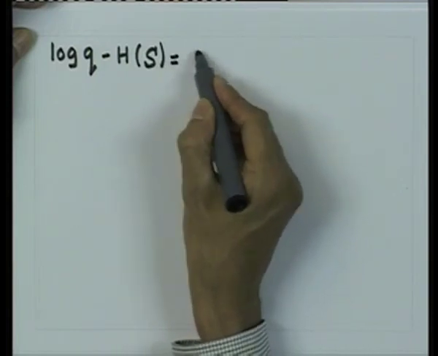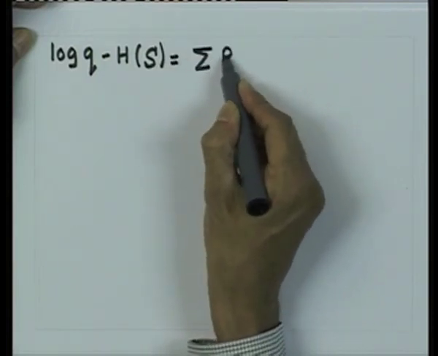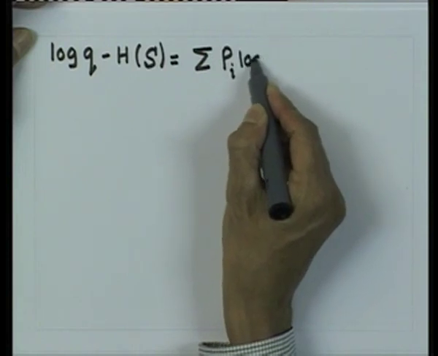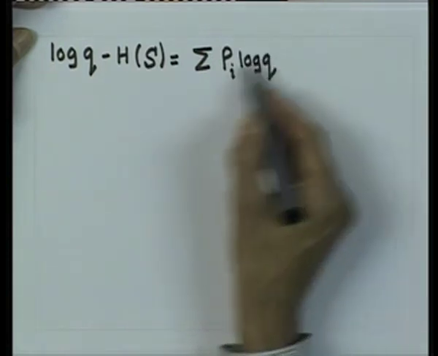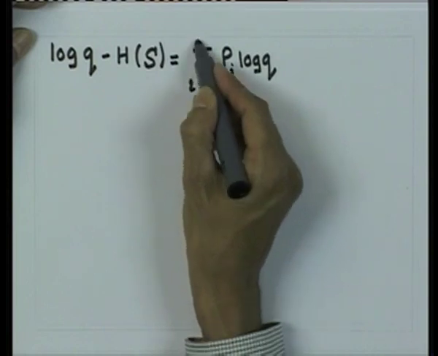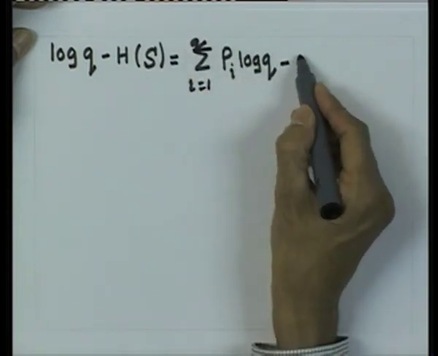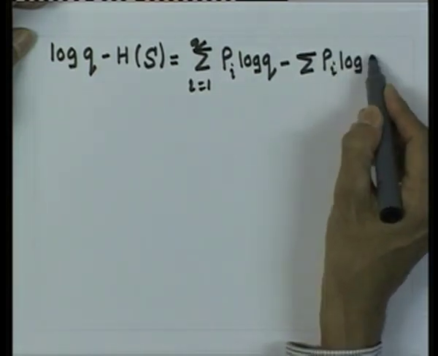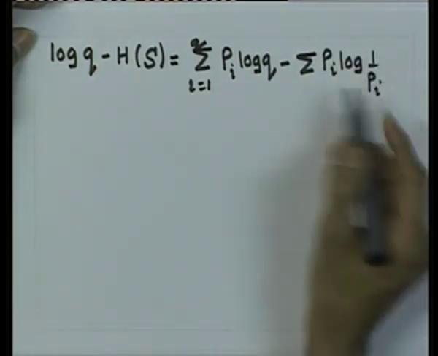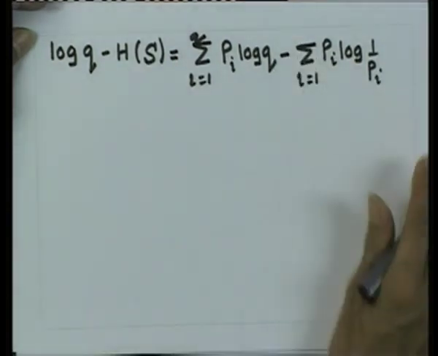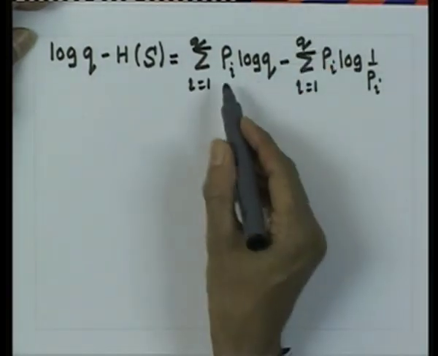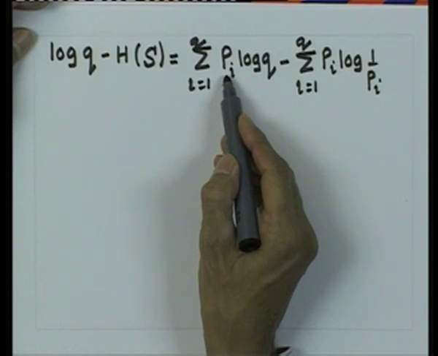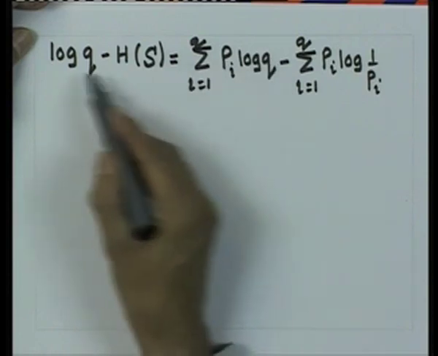I can write this very simply as the sum of Pi log q, i equal to 1 to q, minus the sum of Pi log of 1 by Pi. Since Pi are the probabilities, the summation of Pi's is equal to 1. So, for log q I can write this expression.